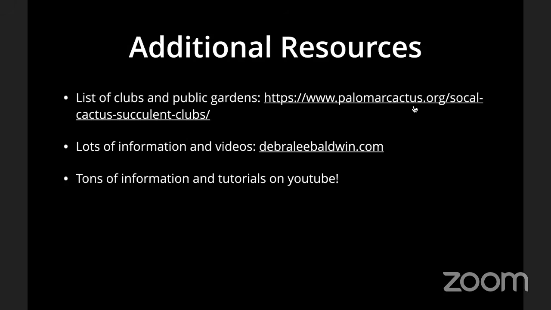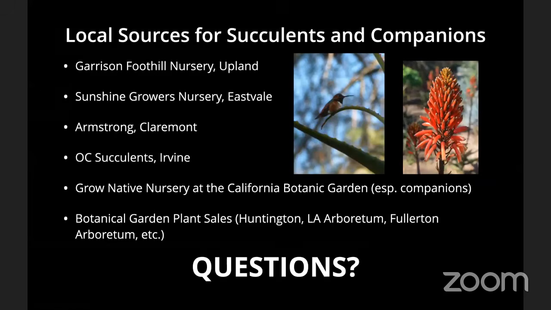This one has a list of clubs and public gardens that have succulent gardens that you can go visit. And the clubs are the different enthusiast clubs if you want to learn more about succulents. And then Deborah Lee Baldwin is an author who has written a number of books on succulents, and she has a great website with lots of information and lots of videos about succulents. So that's deborahleebaldwin.com.